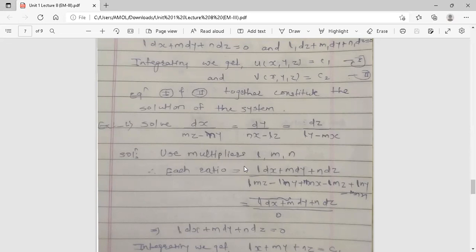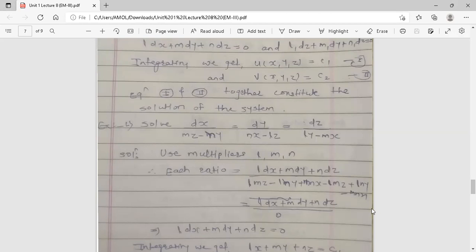Then each ratio equals l dx plus m dy plus n dz upon: you multiply the first denominator term by l, so the term is lmz minus lny; the second denominator term by m, so you get mnx minus mlz; the third term by n, so the term will be lny minus mnx.